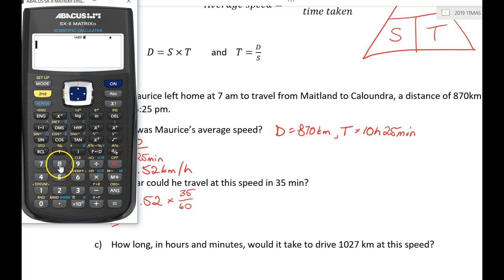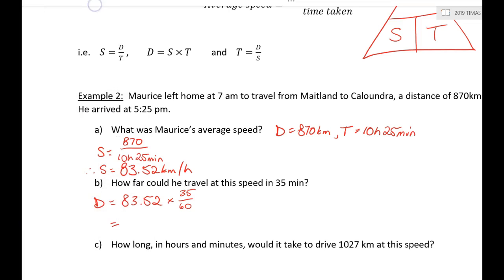So I have 83.52 multiplied by 35 over 60. A little bit of common sense tells me it's going to be somewhere between 40 and 50, I guess. 48.72 kilometres. That is how far we could travel in 35 minutes at that speed.